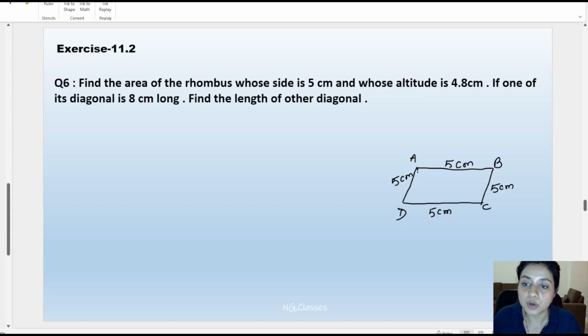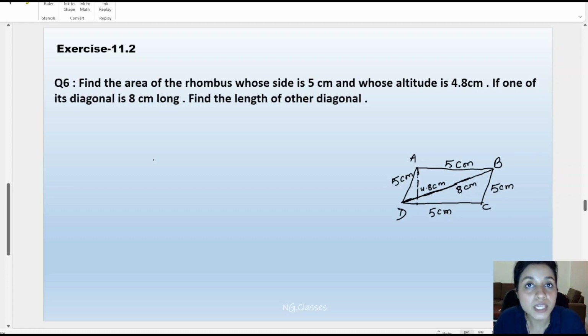So let's drop the altitude. If one of the diagonals, let's say BD, is 8 cm long, then we have to find the length of the diagonal AC. As we know, a rhombus is a special case of a parallelogram.